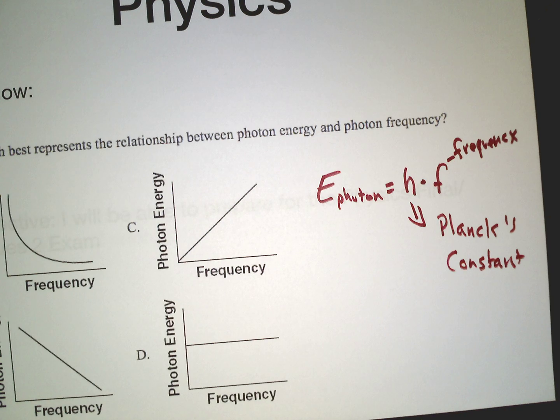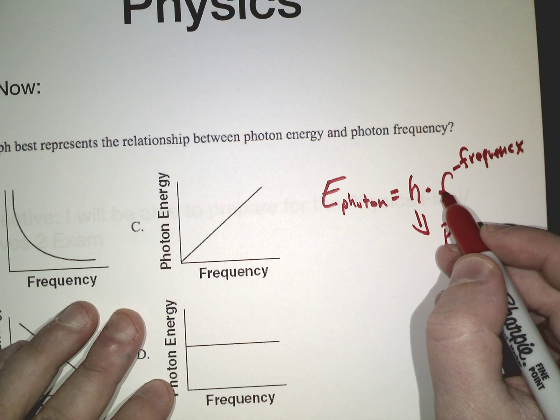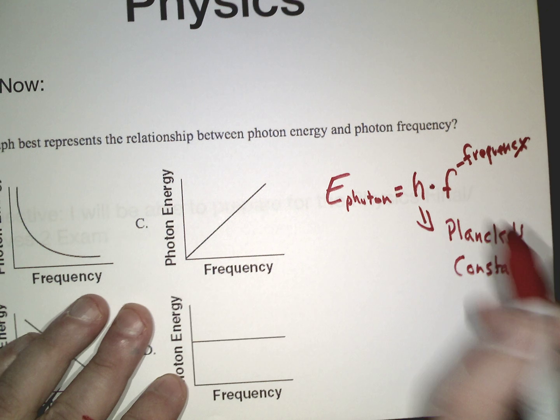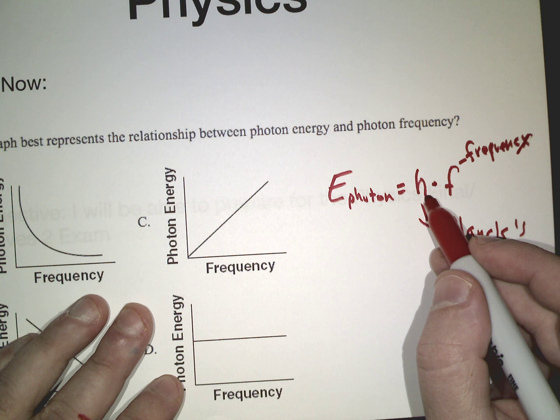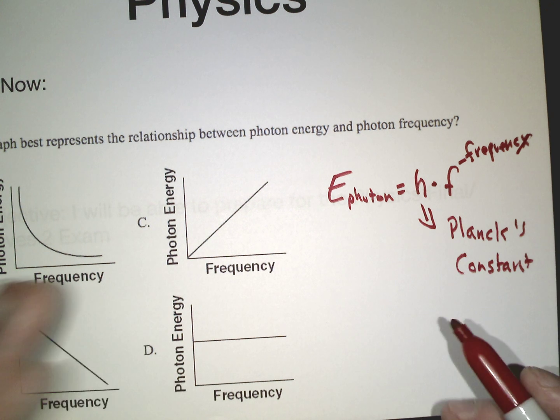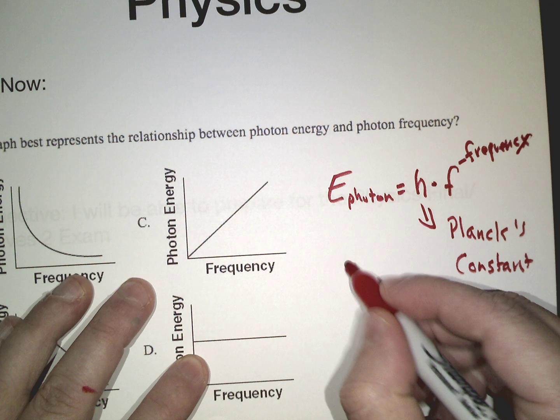So if you think about it, this is just the coefficient before my changing frequency, before my x. Frequency is really just an x, or my independent variable. This is just a coefficient that does not change, Planck's constant. So this tells me something important. This is a direct variation.